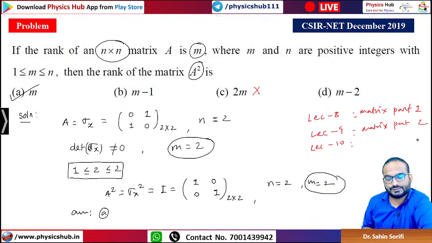There may be some operations which can change it, but it is always true that the rank will be less than or equal to, it cannot exceed. That is one thing we can surely say. The best way is to check with some example.